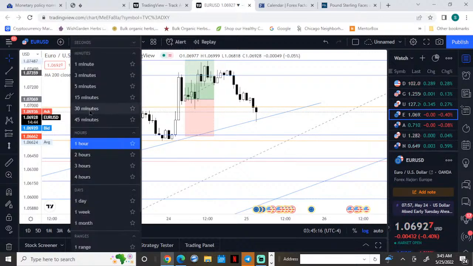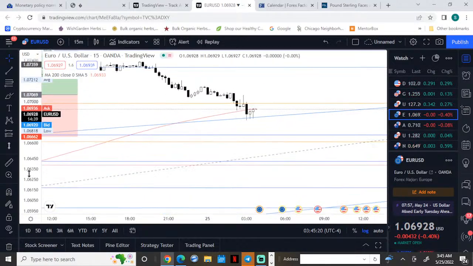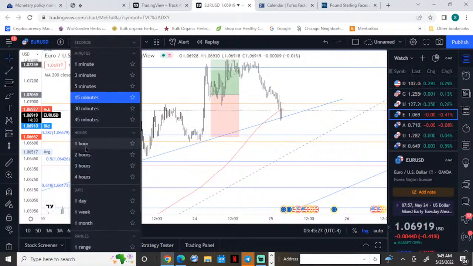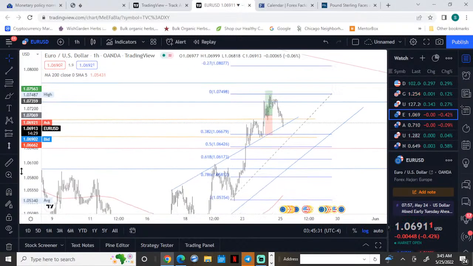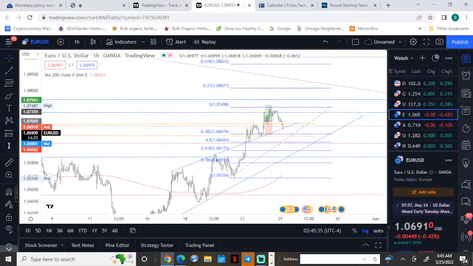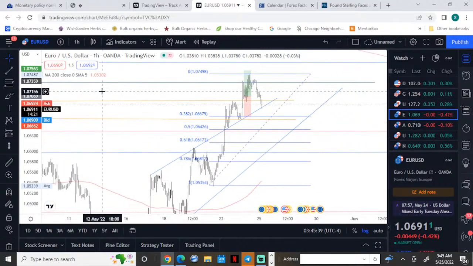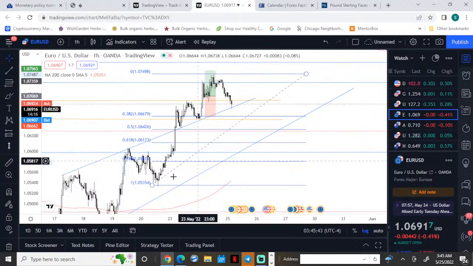It just all depends on what the dollar is going to give us today. Let's see. I just wanted to double check that fib. So for the hourly, this is what we have, and it does match up with our 4 hour.